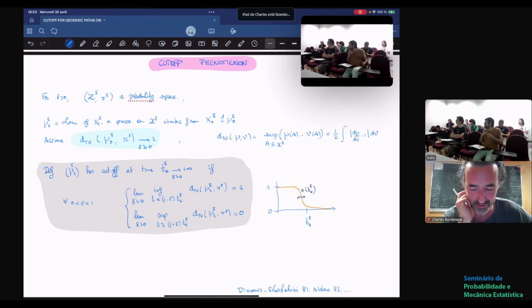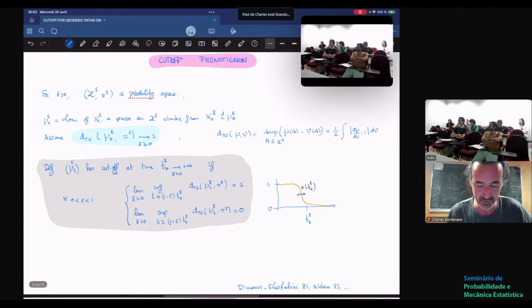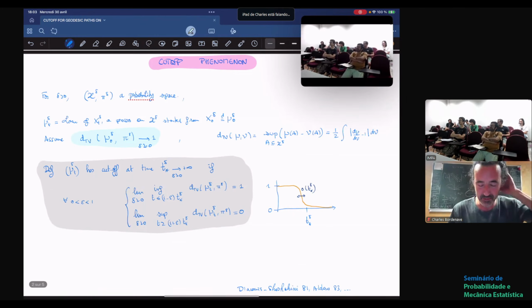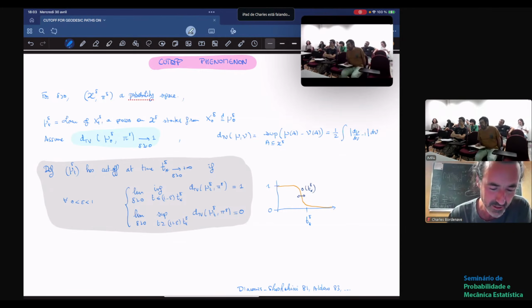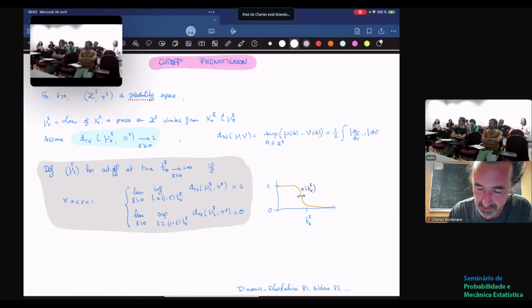Most of you know what it is, but I will recap it in a language suited for what's going to happen. You have a sequence of spaces equipped with a probability measure, pi delta, which you think of as your equilibrium measure.